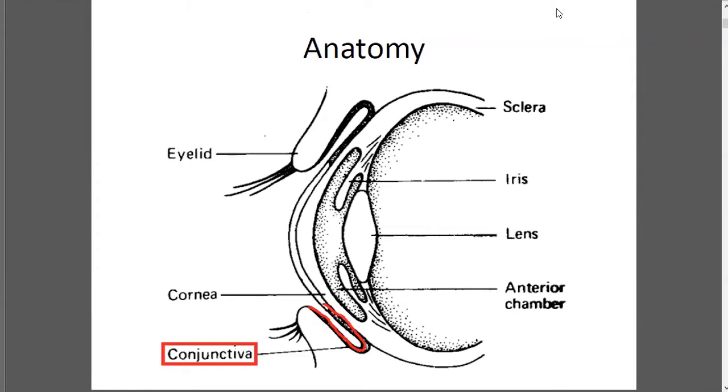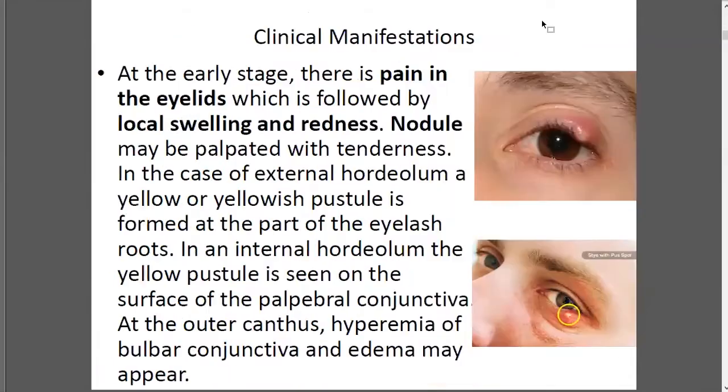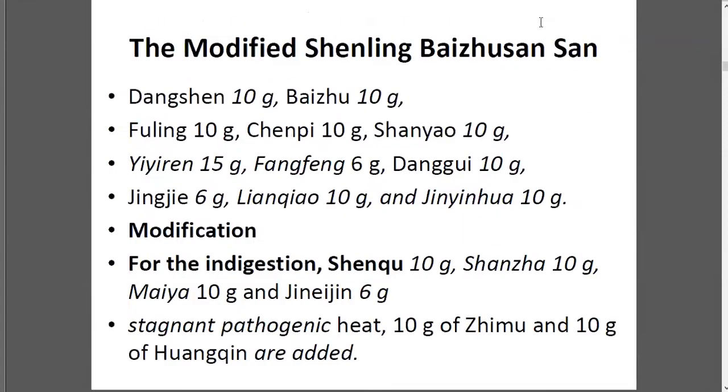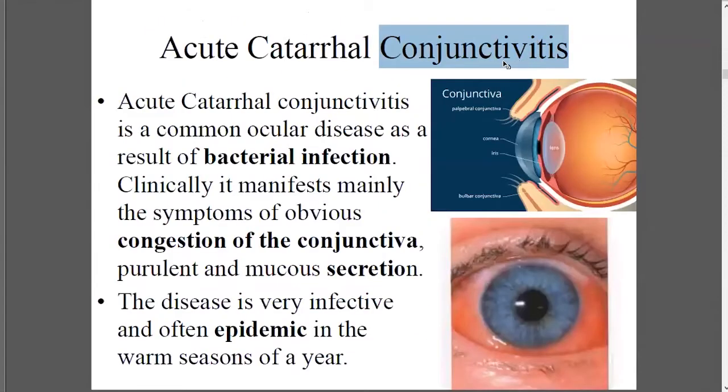When it gets infected, we call it conjunctivitis. That just means infection happens in the conjunctiva area, and this kind of infection is usually a bacterial infection.